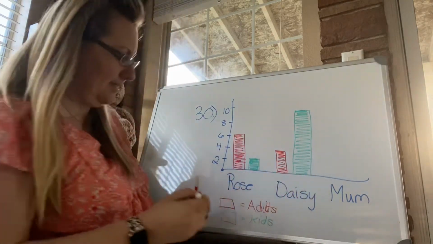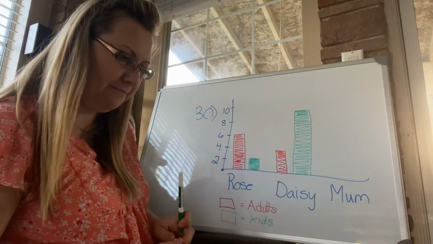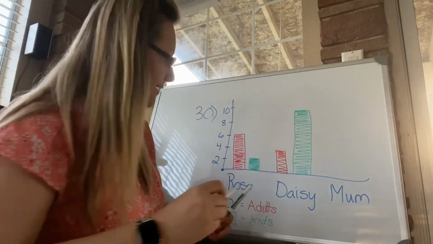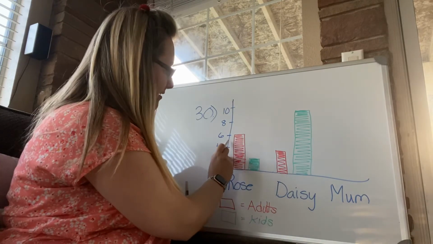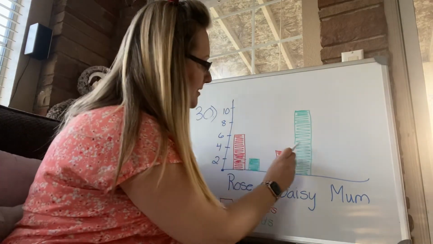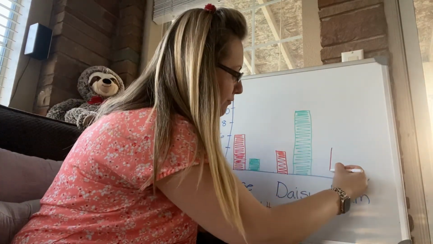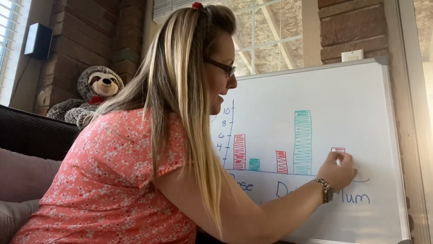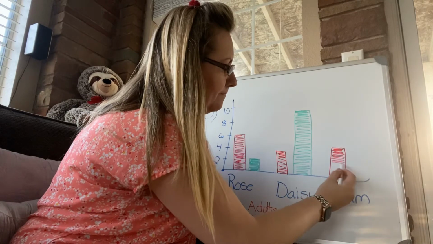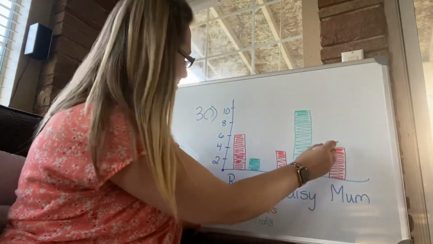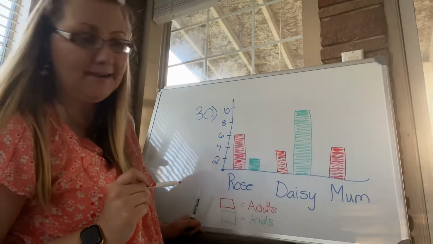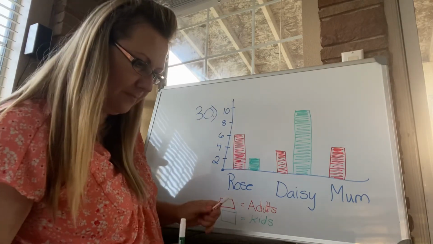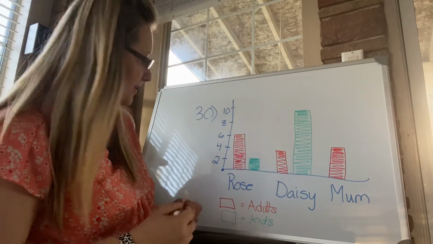Okay. And then lastly, we have mums. How many adults like mums? You would say 5. So I'm going to go right between the 4 and the 6. You could get a ruler if you wanted to. Try to get it as even as you can, so that this red one goes up to 5. And then the next one, how many children like mums?